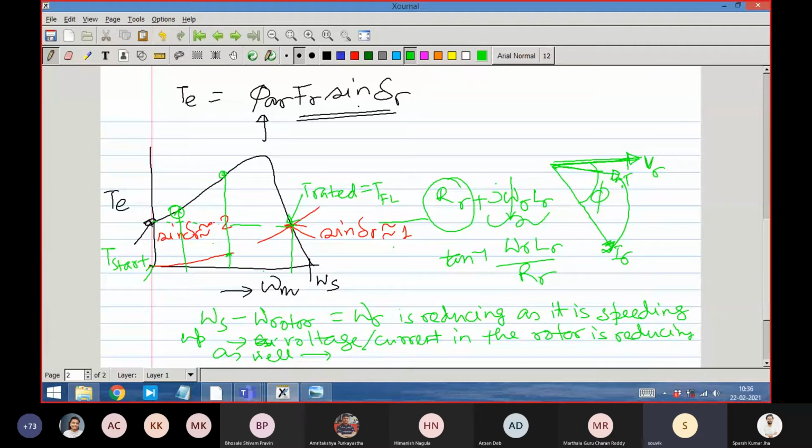This is I, later I, and you know voltage and flux, where is flux? Flux is here, phase phi AR. So the angle is gradually improving, and this is the delta angle, because IR means FR, MMF. So this delta angle is approaching 90 degrees.